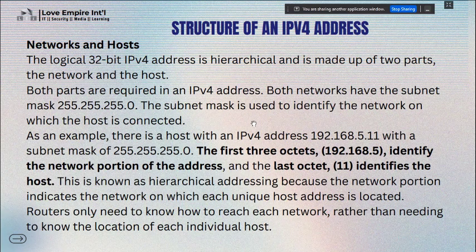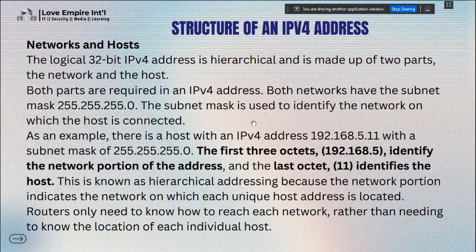As an example, the subnet mask is used to identify the network on which the host is connected. There is a host with an IP address 192.168.5.11 with a subnet mask of 255.255.255.0.